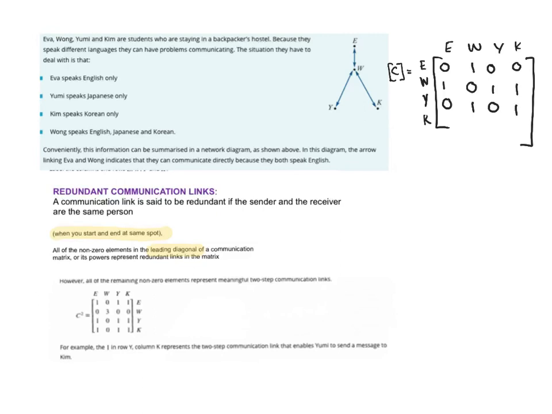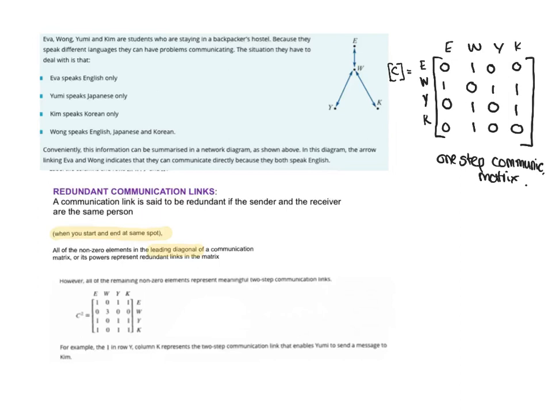And Kim can only directly speak to Wong, and 0, 0. So this is the 1-step communication matrix.